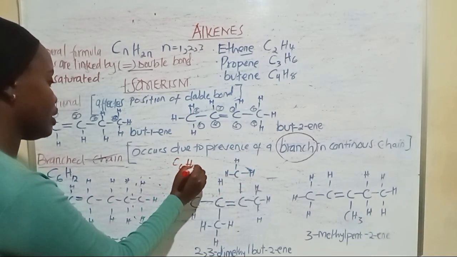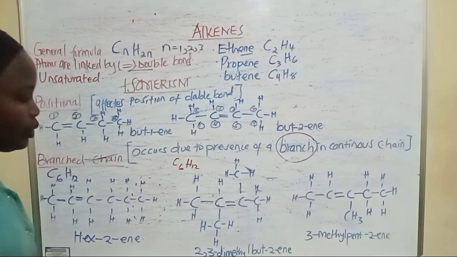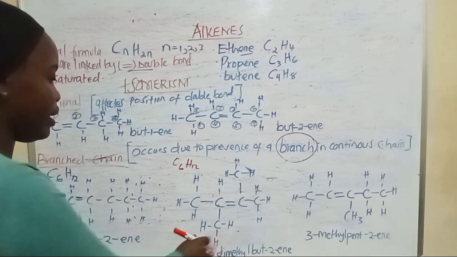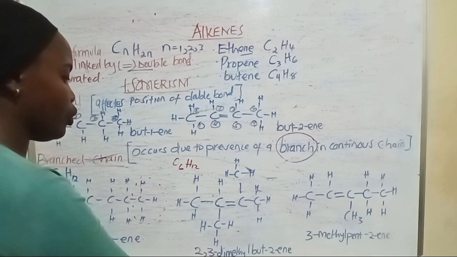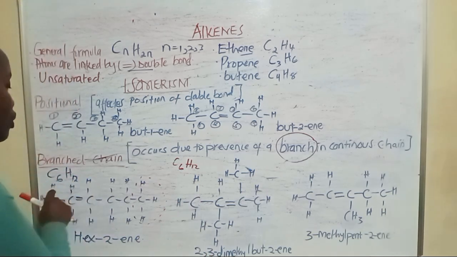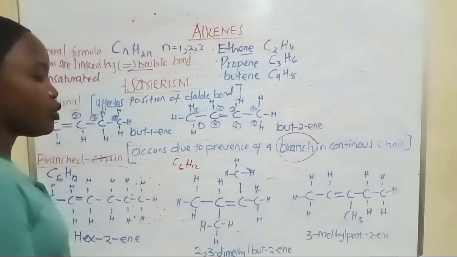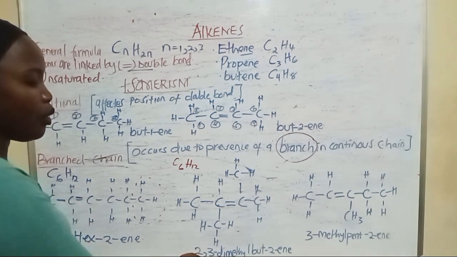So H12. Okay, so that is the formula of an isomer of what? Of hexene.